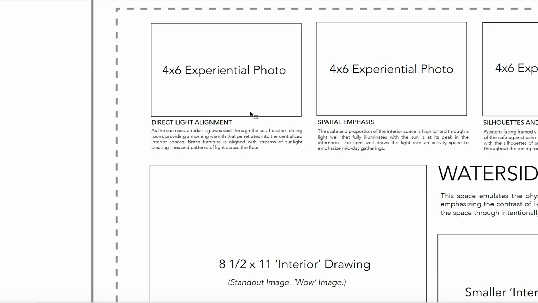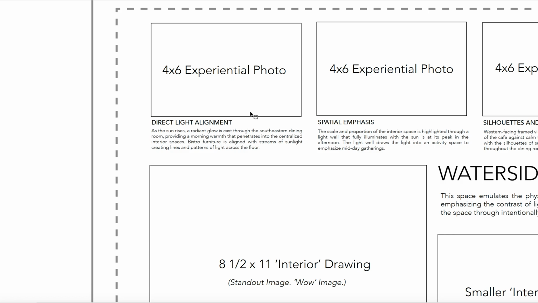So we'll say one of my images was all about direct light alignment. Perhaps in my model, I was thinking about how the model components, the walls or whatever physical parts, align with that sunlight. And so I wrote a caption similar to this.